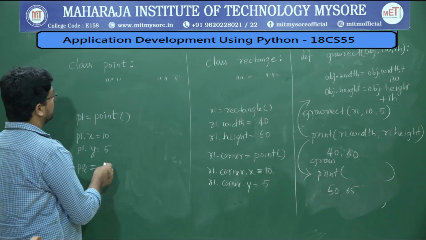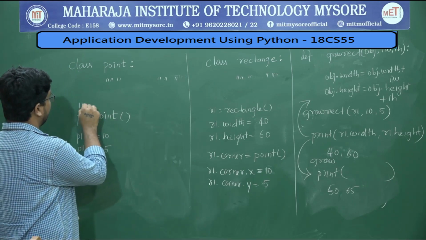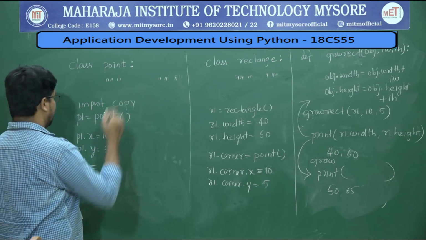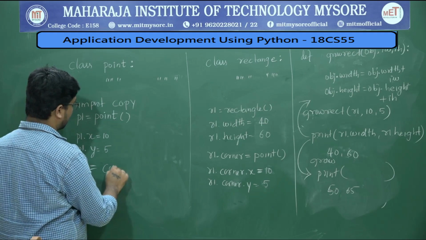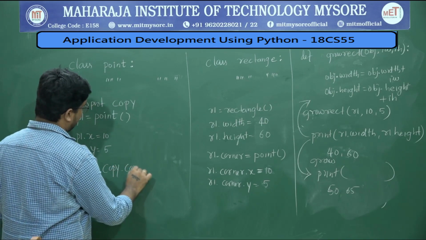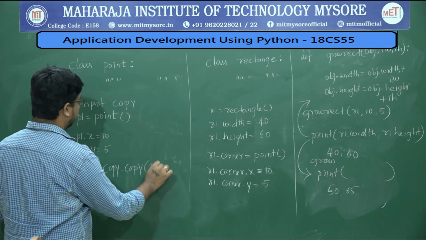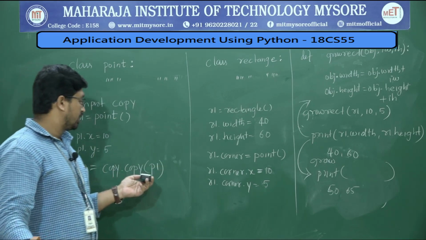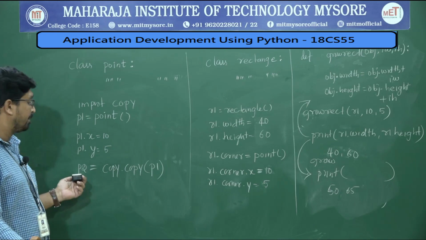For that we need to import the copy module. Let me write: import copy. Then we have P2 = copy.copy(P1), which means I am trying to copy the content of P1 to P2.